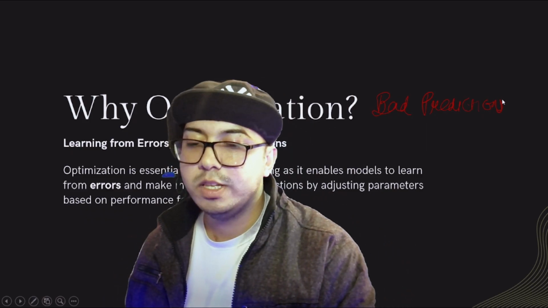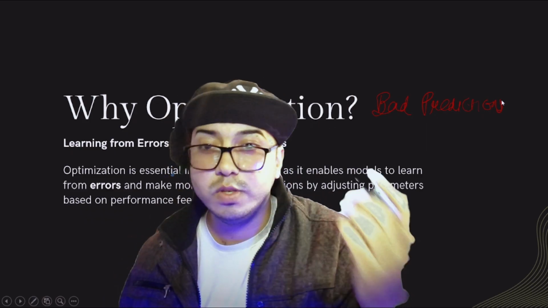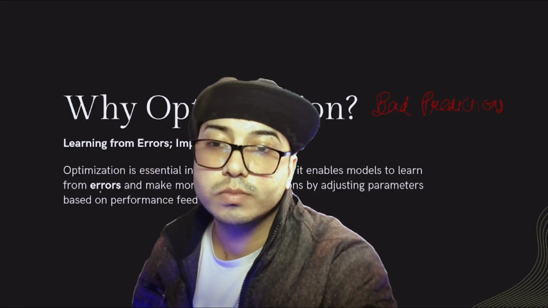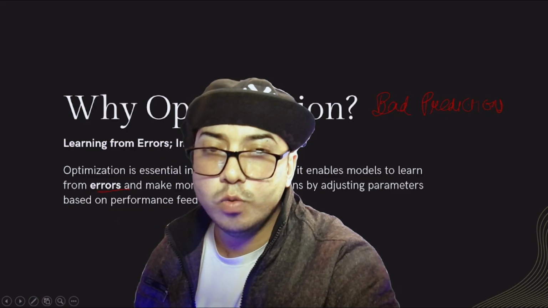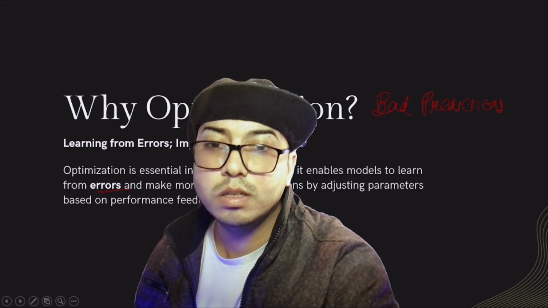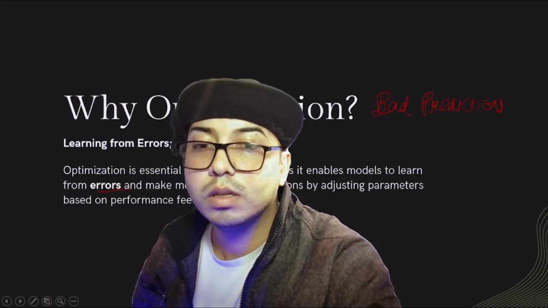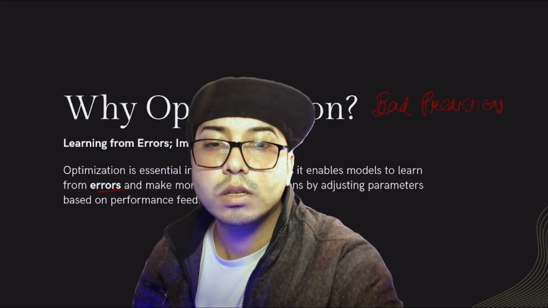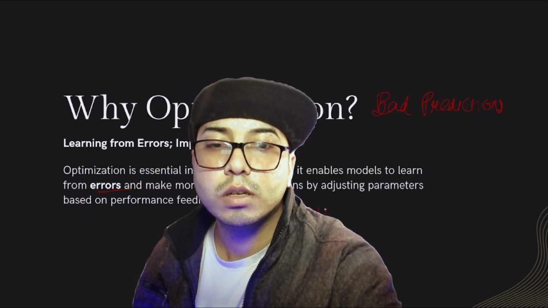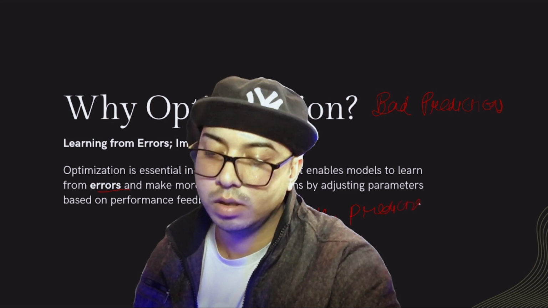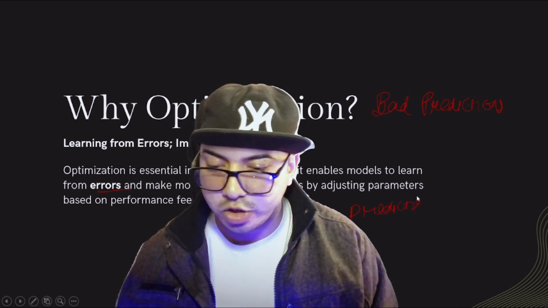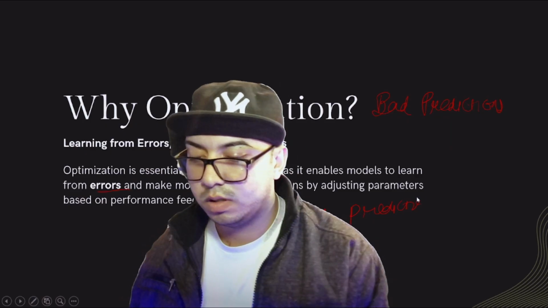Optimization allows ML models to learn from mistakes and errors, and it reduces errors and improves predictions step by step. Without optimization, machine learning would never improve.